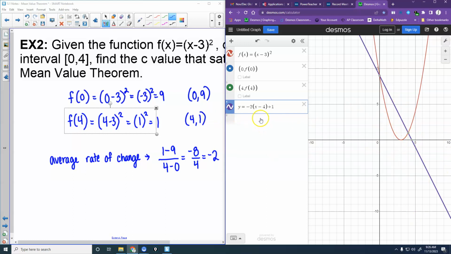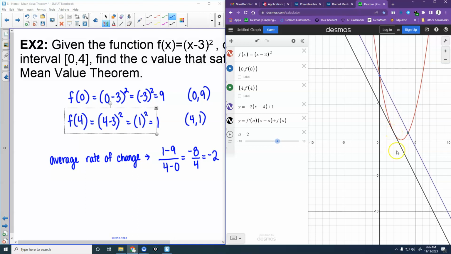Let's see if this will work. Okay, so what I've made here is a tangent line that moves with the graph. If I'm just looking at this, my guess is right there looks like where it is, right?